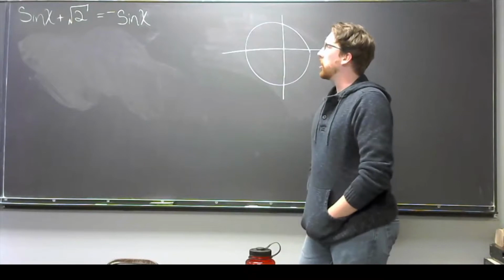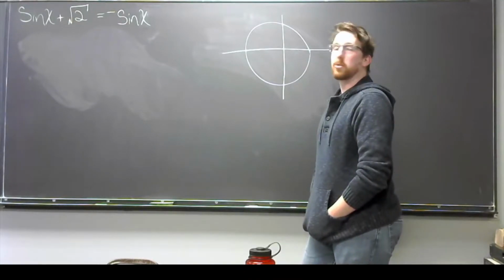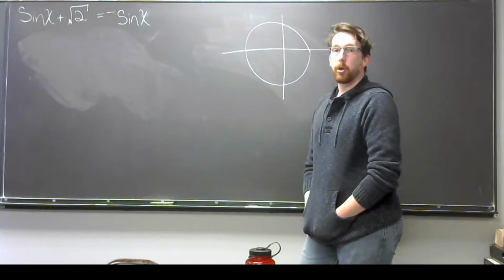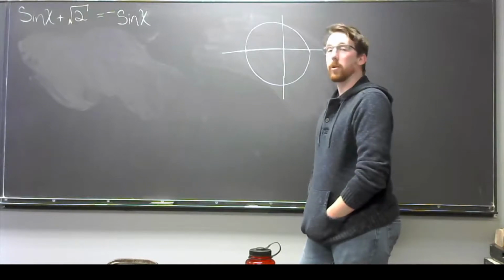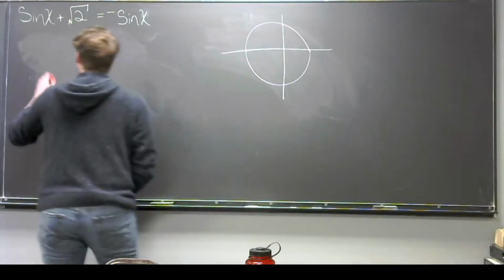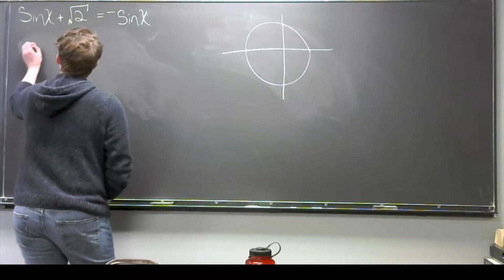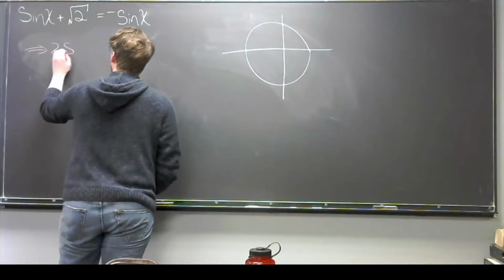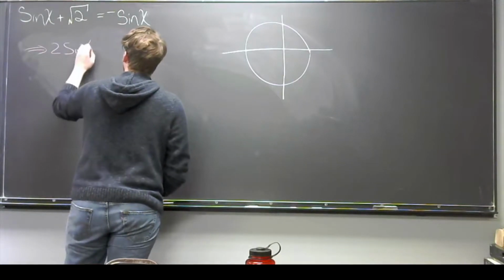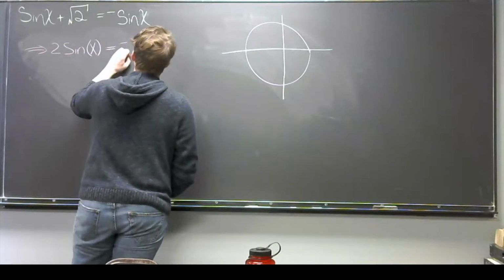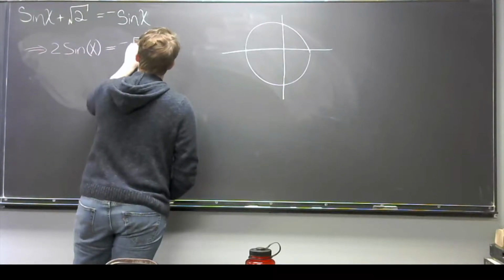What we want to do is get all of our like terms to one side. So to start off with, we're going to add sine x to both sides, and we're going to subtract the square root of 2 from both sides. When we do that, we're going to have 2 times sine x is equal to the negative of square root of 2.